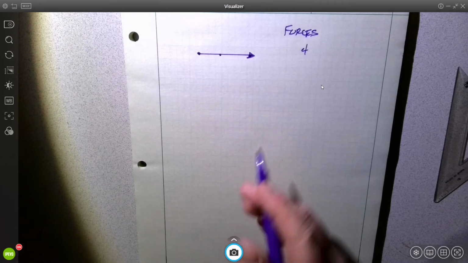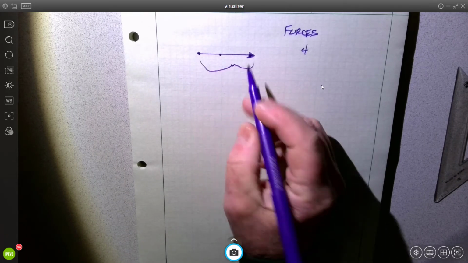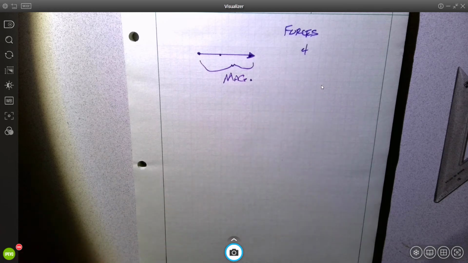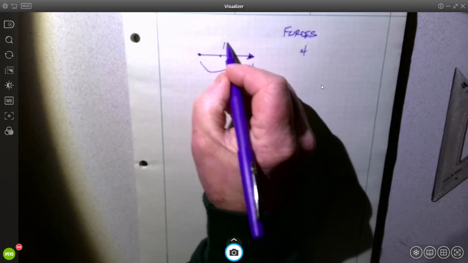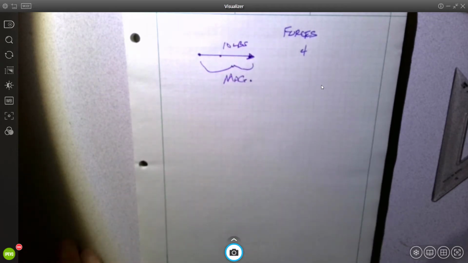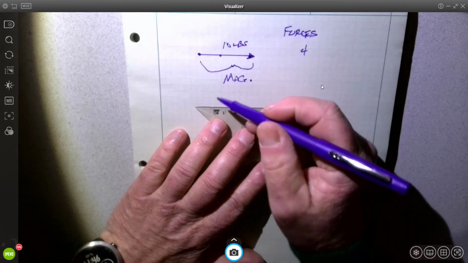So when you draw forces, their length is the magnitude. So if it's a 10-pound force, its length represents 10 pounds. Okay? If you had a 20-pound force, I'd like to see that arrow be twice as long, approximately.